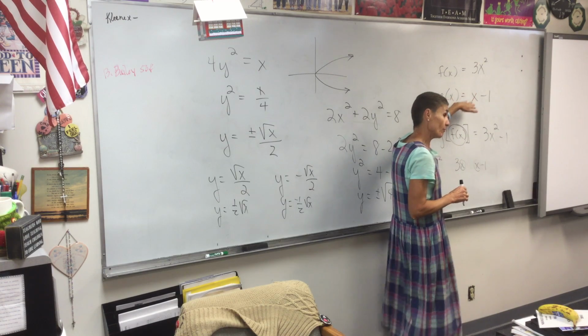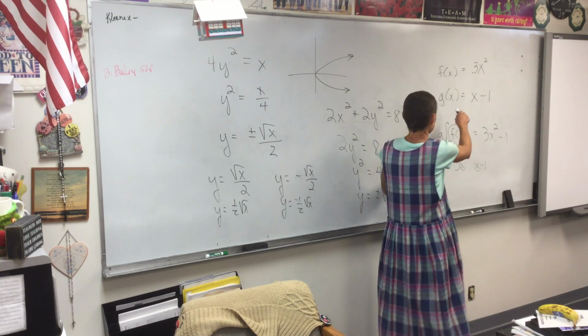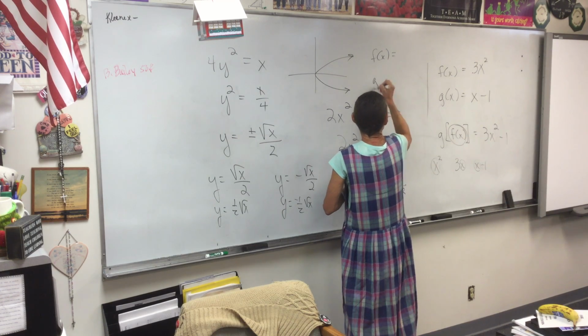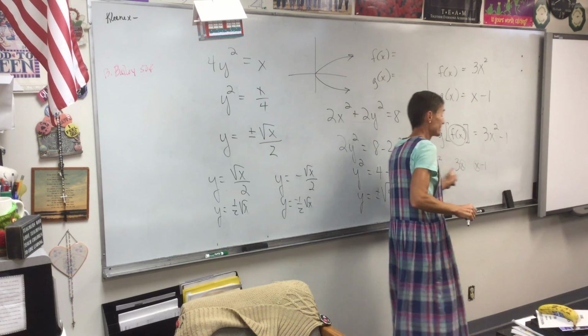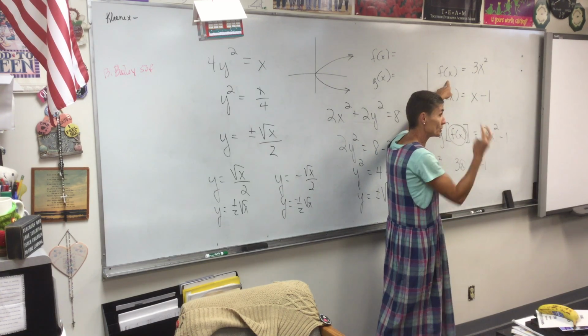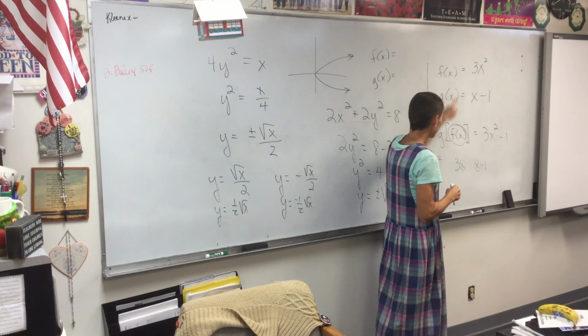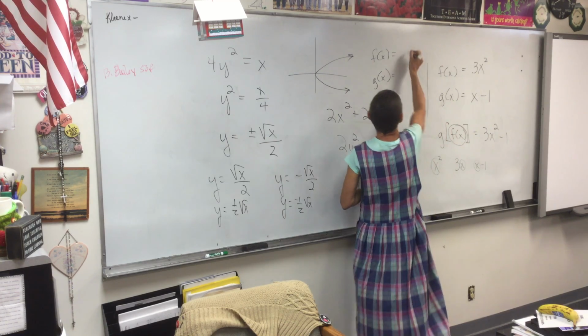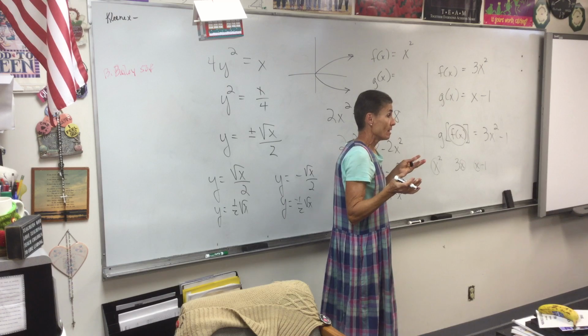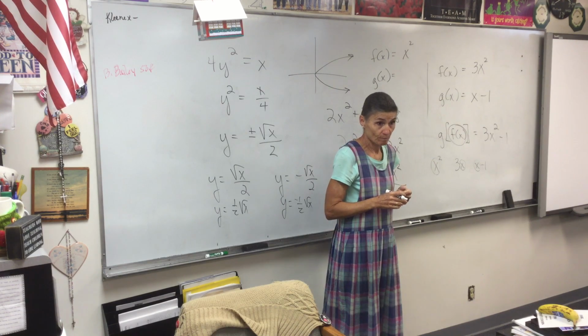There's another answer though. That's fine. That's perfect. But there's another one. Remember, there were 3 operations that needed to happen, and I let the first function do 2 of them. Well, what if I let the first function only do 1? What if I let the first function just square? Then what does the second one have to do?